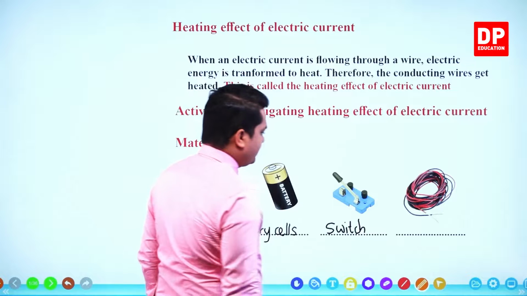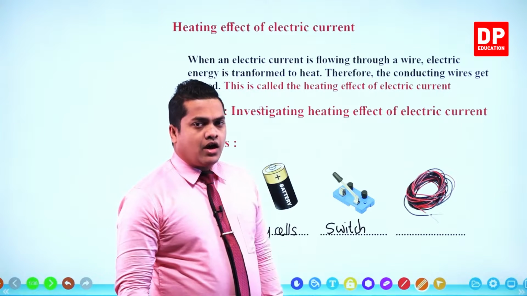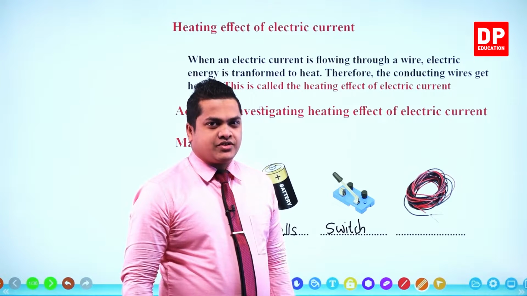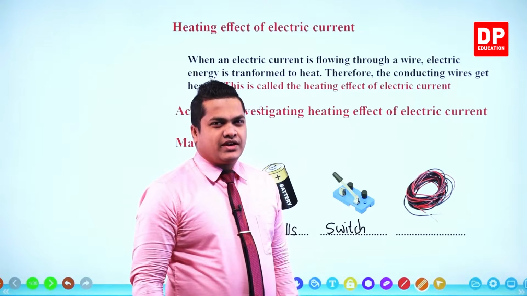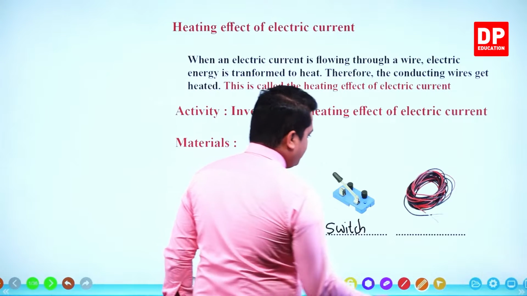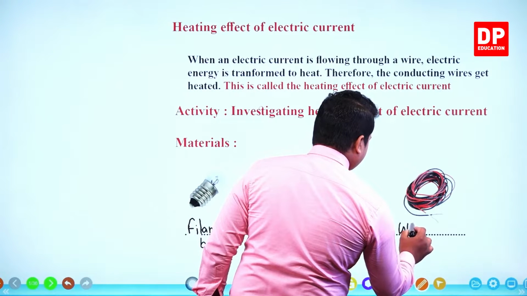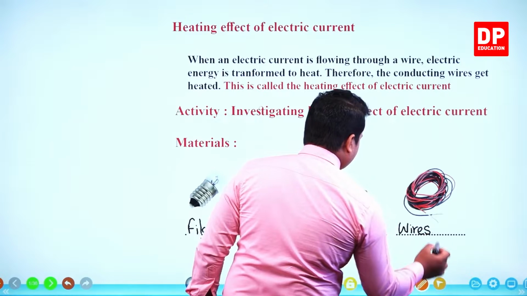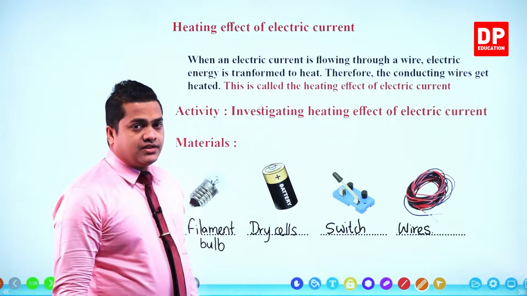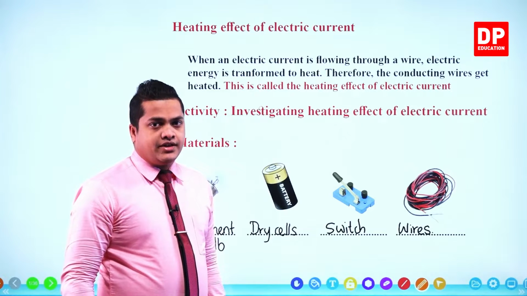The switch is actually not that important, but in order to cut the electricity, it's okay to use one. By using a switch, we can disconnect the electric supply. Then conducting wires. So these are the materials that we need.